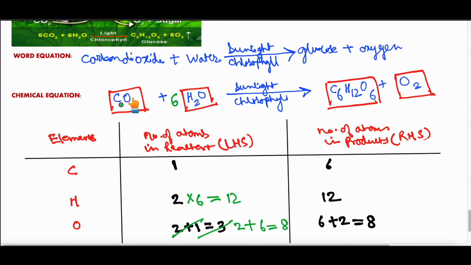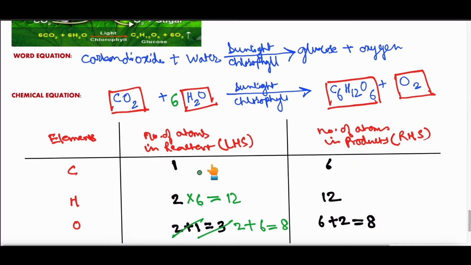We have carbon 1 on the reactant side, 6 times 1, 6 on the product side. For oxygen, 2 plus 6, that is 8 oxygen atoms on the reactant side, and here also 6 plus 2, 8. So 8 oxygen on the product side. So oxygen has got balanced, hydrogen has also got balanced, but still the carbon element is unbalanced.